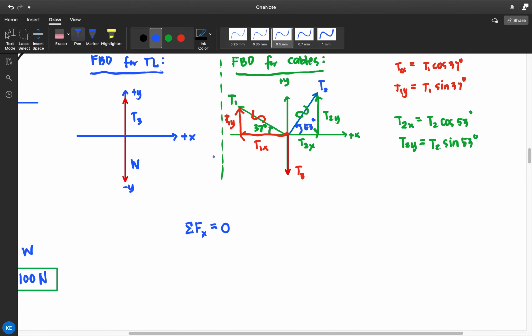T1x is towards negative x-axis, so you'll have negative T1x, plus positive T2x kay towards positive x-axis man, and then equate that one to 0.